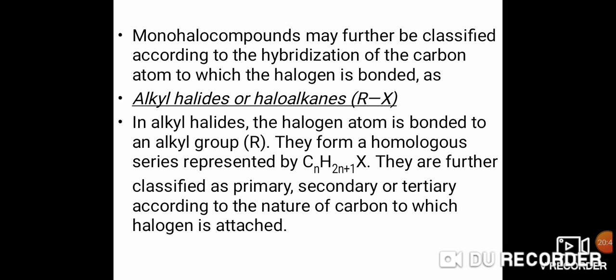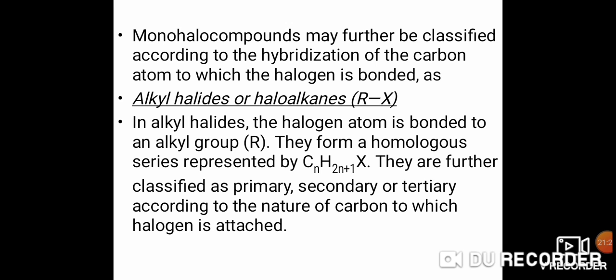Now, in the above slide, we have studied the examples and we find they are monohalogen compounds, dihalogen compounds, and trihalogen compounds, which is one method of classifying the haloalkanes and haloarenes. Now, the second method is classifying based on the degree of carbon atom.